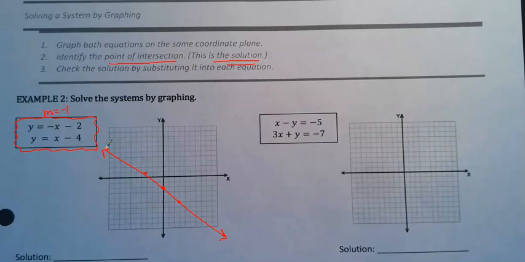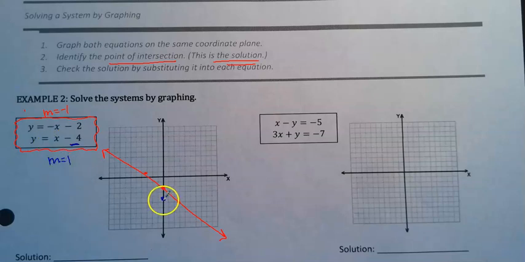Let me graph my other one a different color. This one, again, is in slope-intercept form. My b is -4. So I'm going to go down to -4 and put my y-intercept. My slope here is +1.